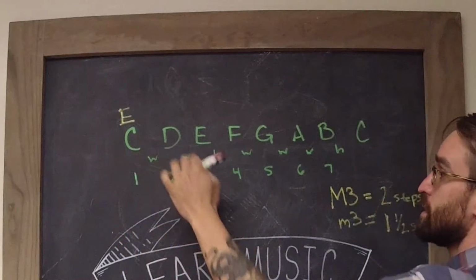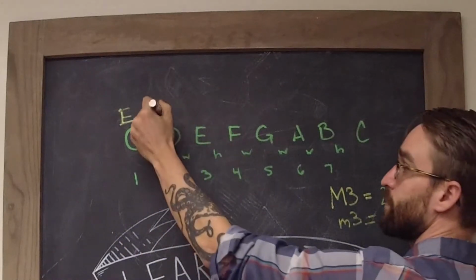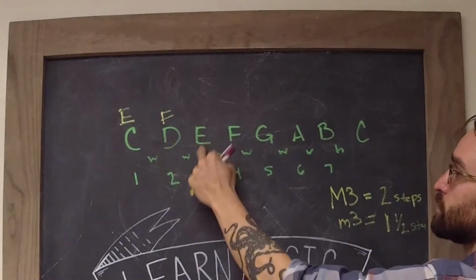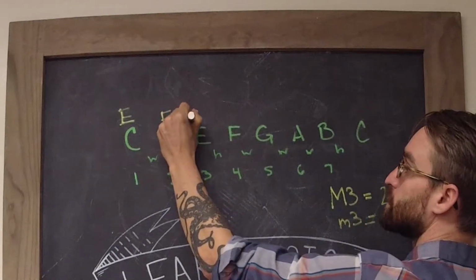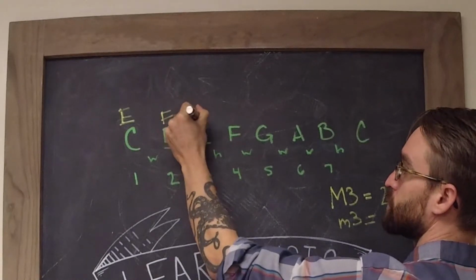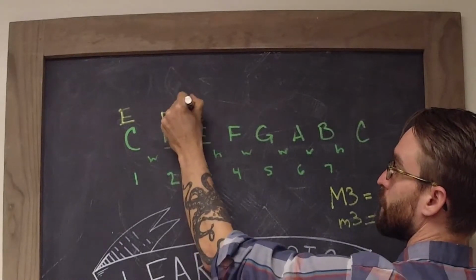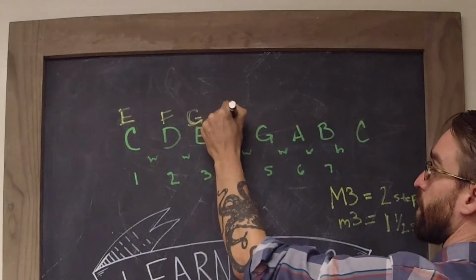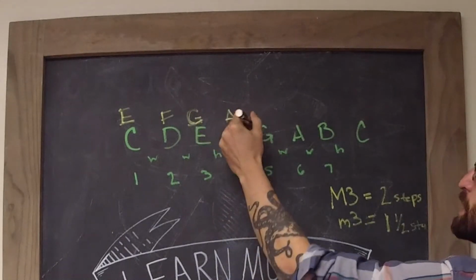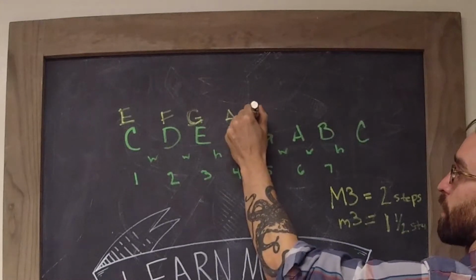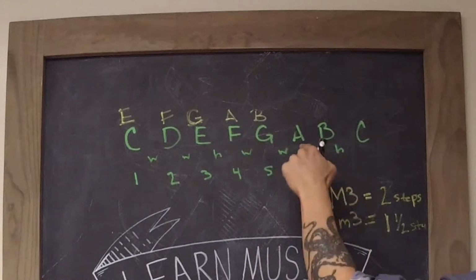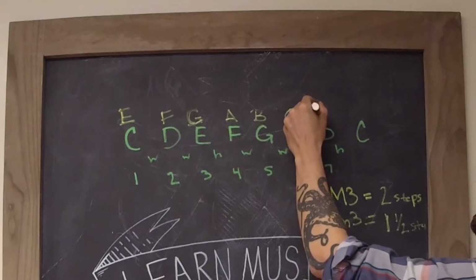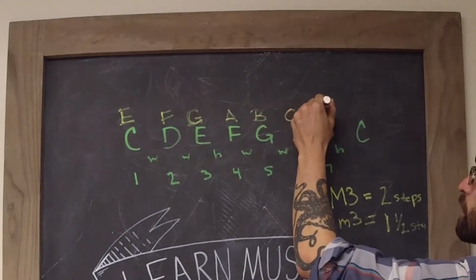A third above D would be F. A third above E would be G. 1, 2, 3. See how we're doing this? You can probably predict how this is going to look. All right. A third above F would be A. A third above G would be B. All right. A third above A would be C. And a third above B is D.